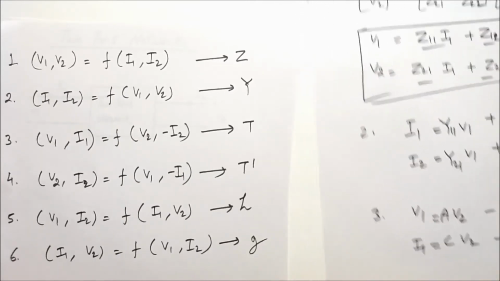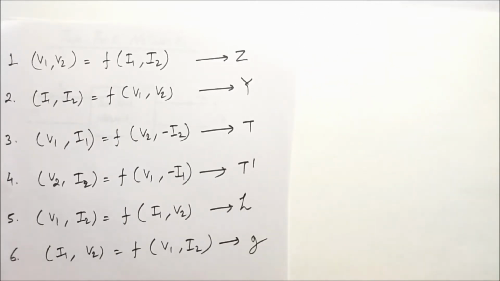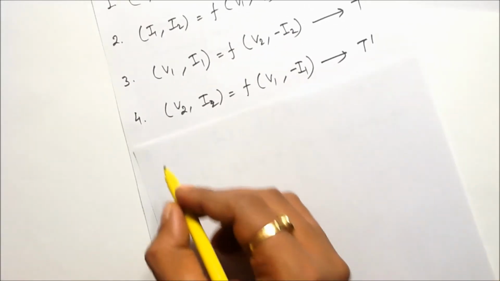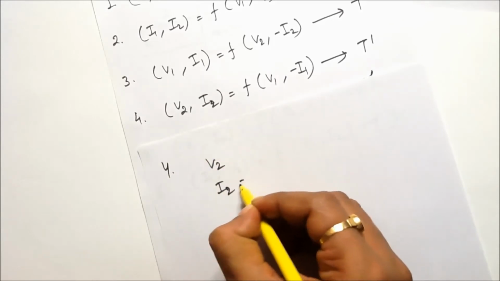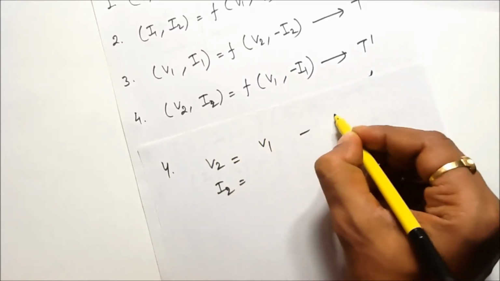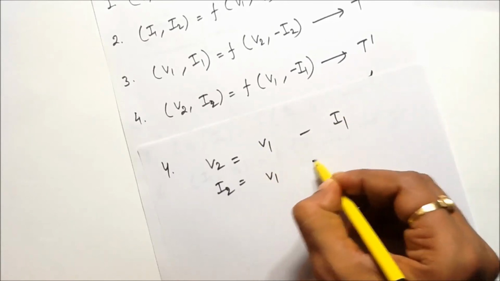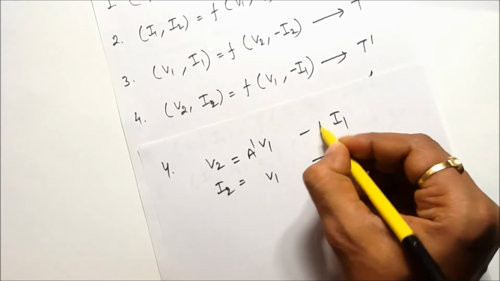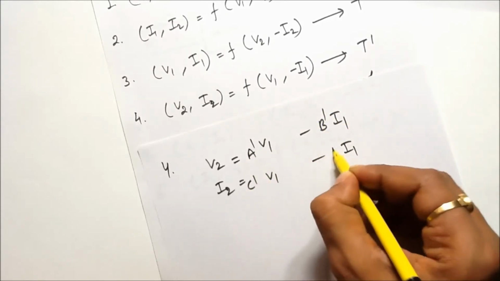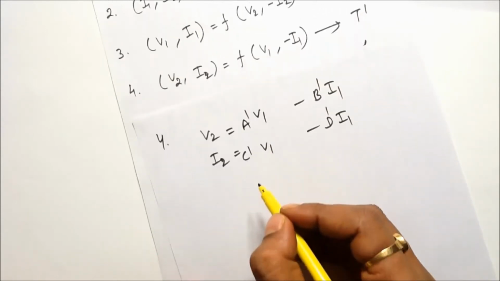Let us write equation number 4. Equation number 4 is V2, I2 is the function of V1 minus I1 and this is related with the T dash parameters or A dash, B dash, C dash, D dash parameters.